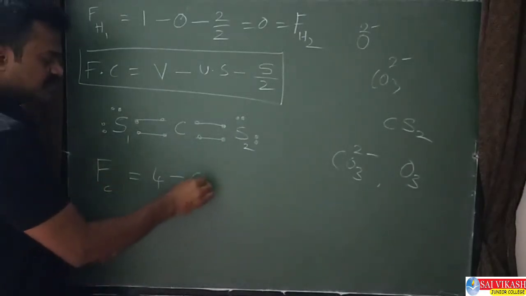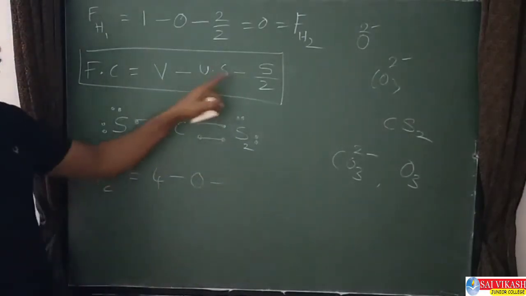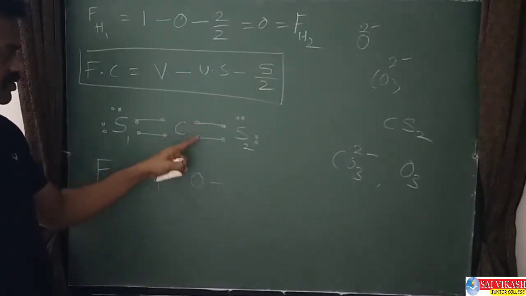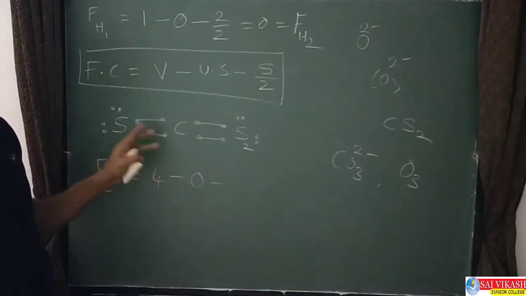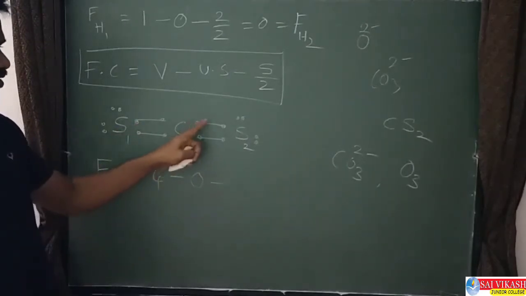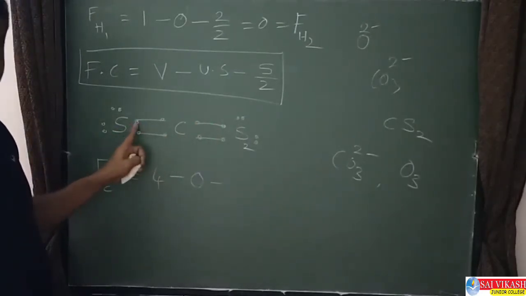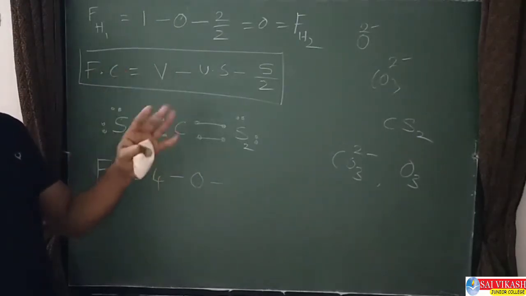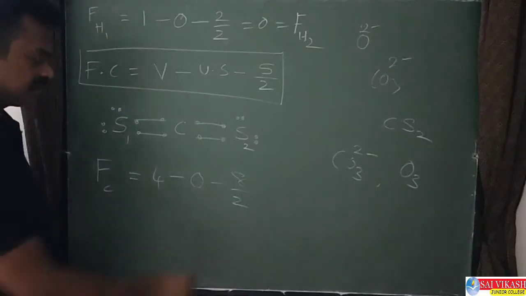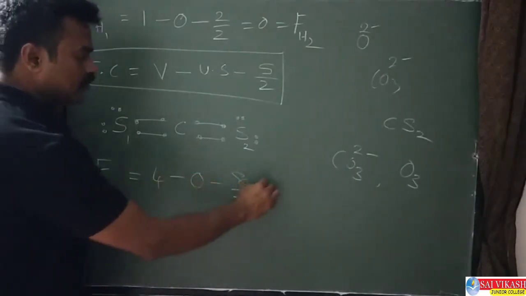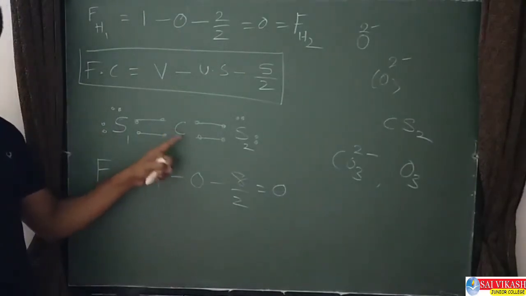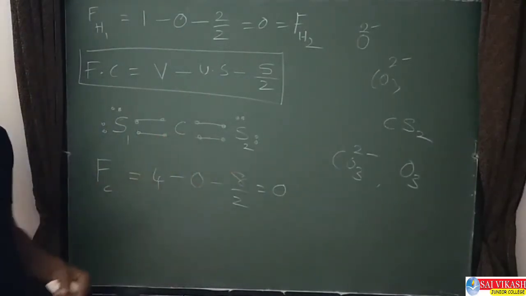So 0 unshared minus number of shared electrons by 2. How many shared electrons? 4 bonds means 8 electrons are shared. 8 shared electrons by 2. So how much it is? 4. 4 minus 4 comes around 0. So the formal charge of this carbon is 0.